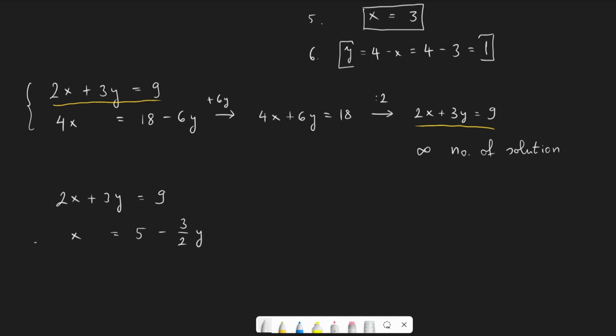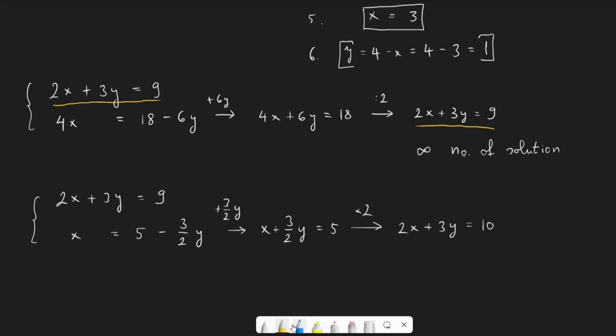And here also we will make another format of the second equation. We will add 3 over 2 y, which means that x plus 3 over 2y equals 5, and we will multiply by 2, so we get 2x plus 3y equals 10.